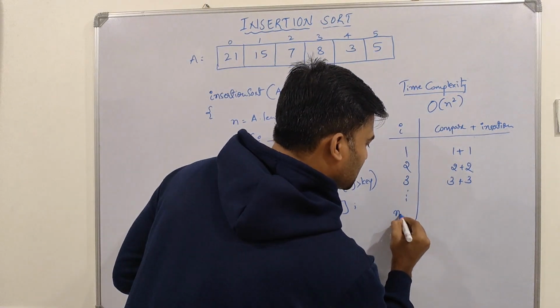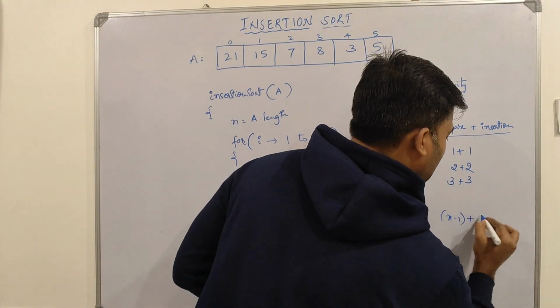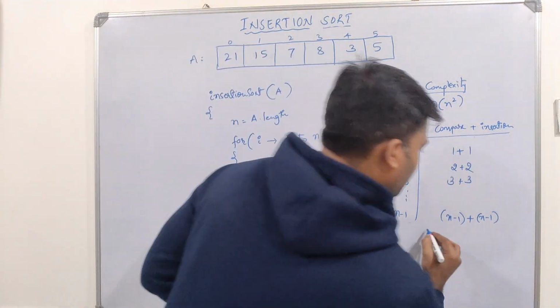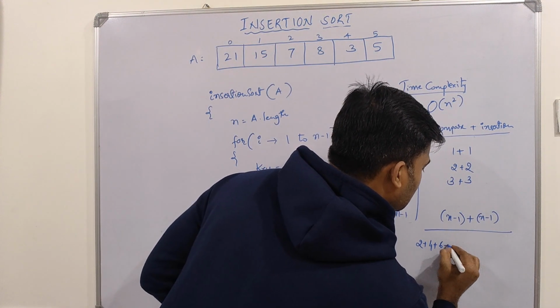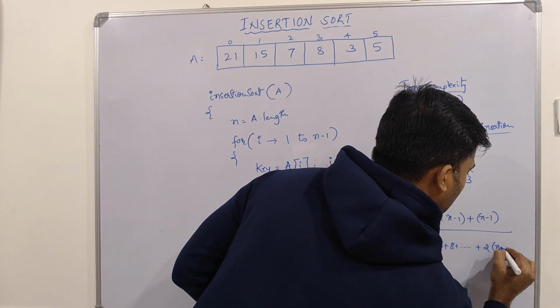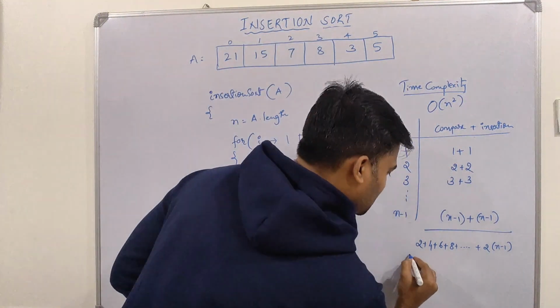We continued this till n minus 1, so it is n minus 1 compares and n minus 1 insertions. Okay, if we sum it up, it comes to something like 2 into n minus 1. Okay, so let us take 2 common.